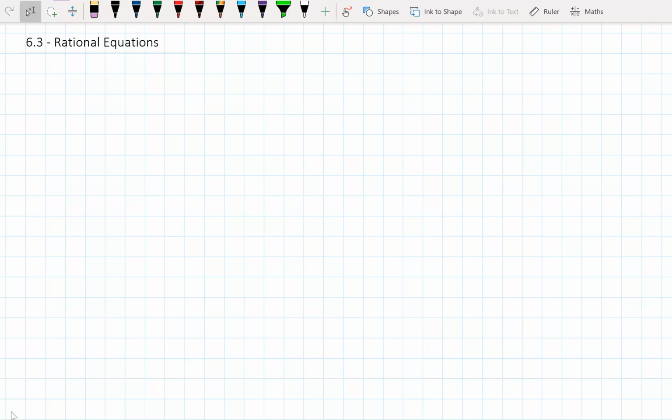Now in mathematics, rational means something different. In maths, if we talk about a number being rational, it means that that number can be expressed as a fraction or as a ratio of two things.